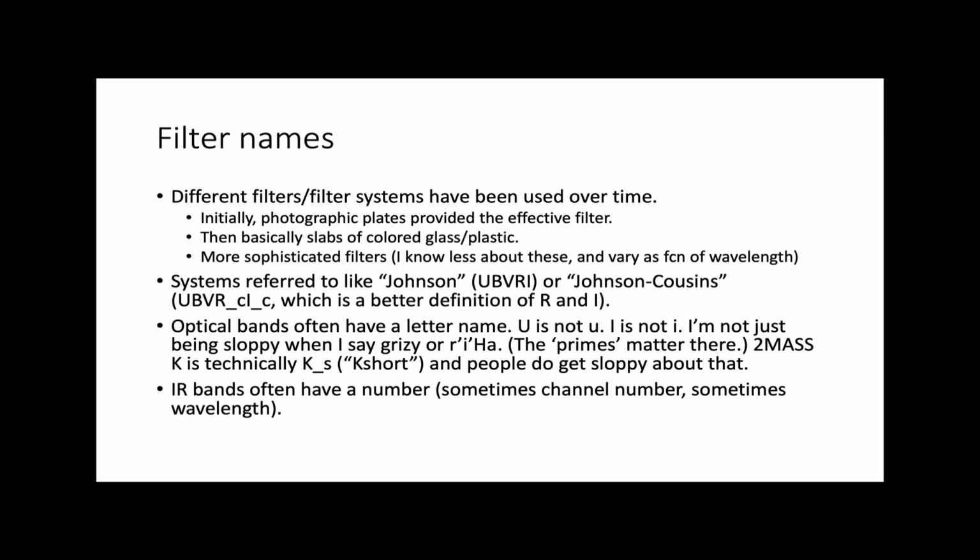Then it goes through the filters, which you can effectively think of as slabs of colored plastic or glass, like the theater gels from earlier. You can also have more sophisticated filters that are very different as a function of wavelength. For example, radio filters can look like screens, or a grid of metal, because for radio, the wavelengths are very long.